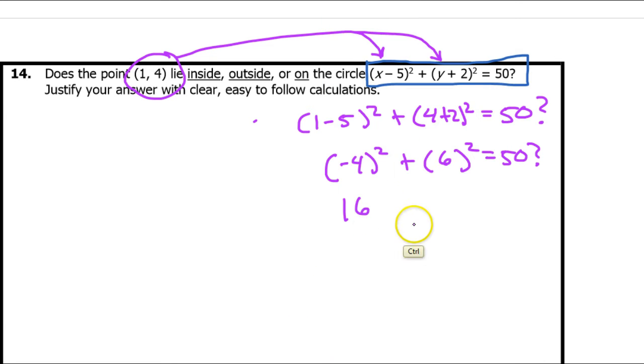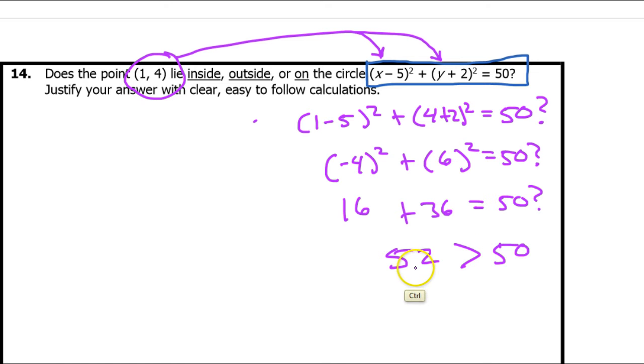Anyway, positive 16 plus 36. Does that equal 50? Well, if we put these together, that's 52. So this is going to be 52, and that is greater than 50. That's actually one of the numbers I was pretending to have. It turned out to be the right answer.